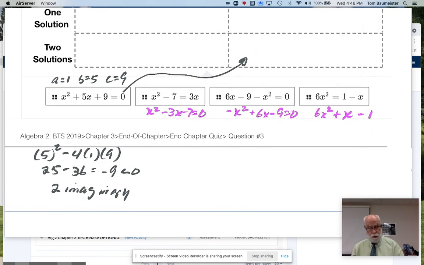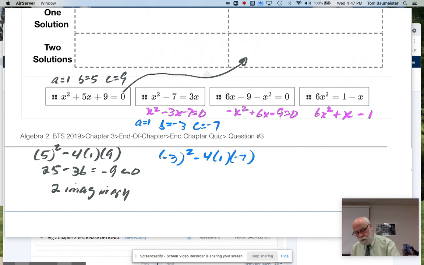Now we're going to do the same thing on the other 3, excuse me. So on this one here, again, our a is equal to 1, our b is equal to negative 3, and our c is equal to negative 7. So on that one there, negative 3 squared minus 4 times a, which is 1, times c, which is negative 7.